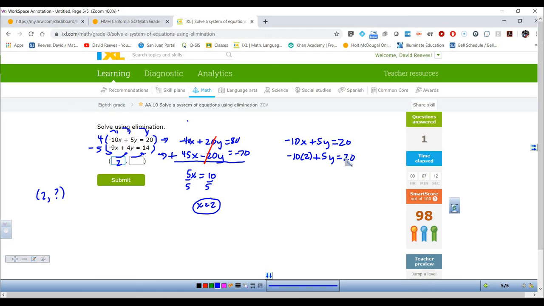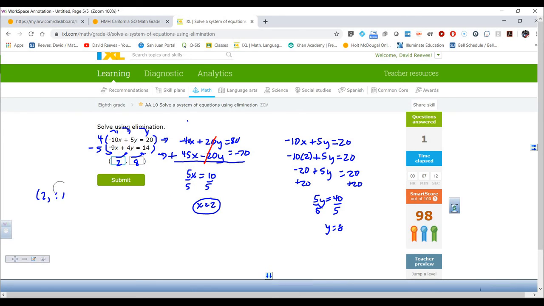Now I want to find the y value that makes both equations true. Negative 10 times 2 is negative 20 plus 5y equals 20, right? So I'm going to add 20 to both sides, and I get 5y is equal to 40, and then I divide by 5, and I get y is equal to 8.